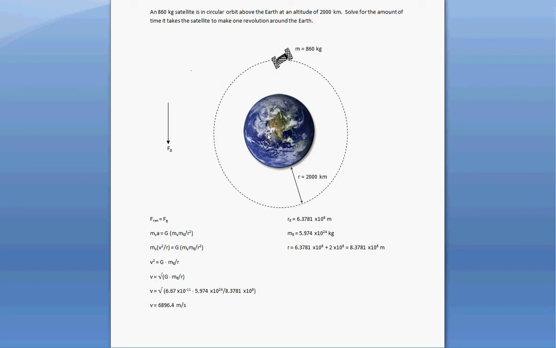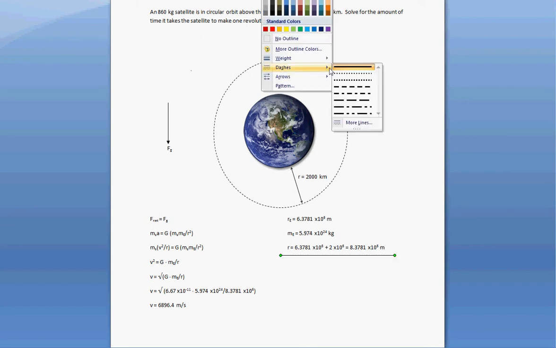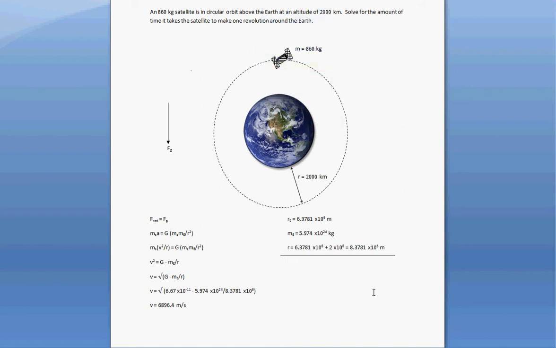But we still need to figure out how long it's going to take for that satellite to go around the Earth. So we're going to break this off so we can see that we're doing something new. The satellite makes one trip around the Earth, and its velocity is the distance it travels divided by the time.